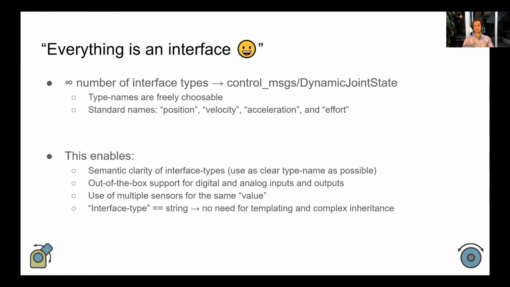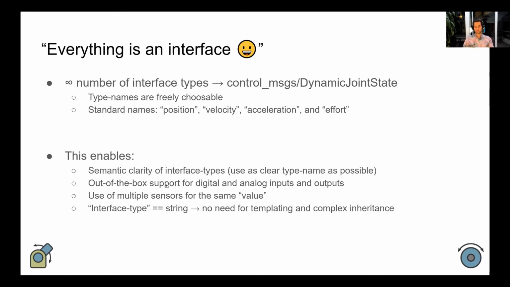So you don't have to write them as strings, but can simply use predefined values for checking them. This enables clarity in interface types. I always tell people, please use names as clear as possible. There is no need to have effort where you put everything; if you are controlling voltage or current, then write voltage, current, or whatever.